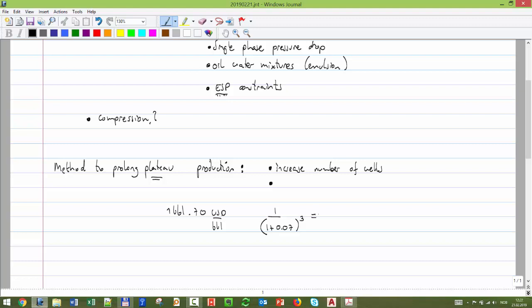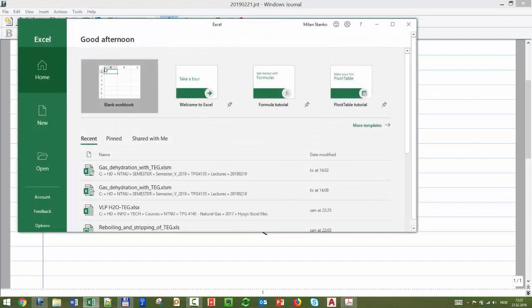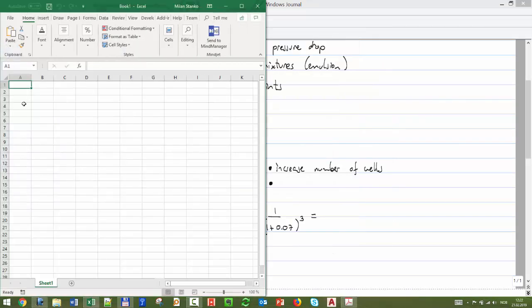Okay, so how much is that factor? Okay, 0.81.